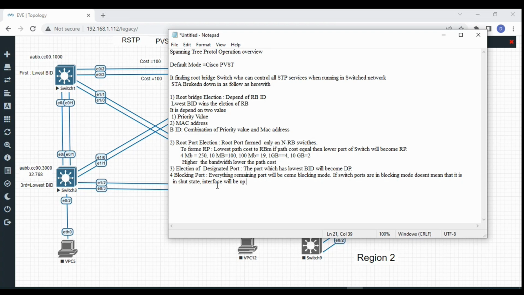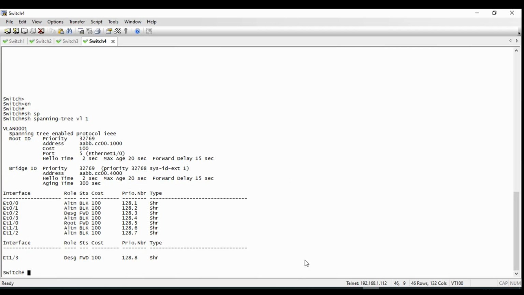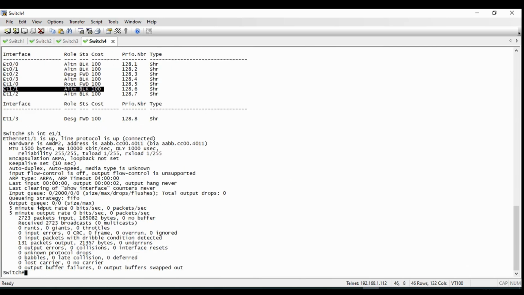I said blocking port means it will not be in the forwarding mode, but the interface will be up. We can see this interface is showing blocking, but this port is up and connected, though it is in blocking mode. That doesn't mean it will not receive any BPDU.